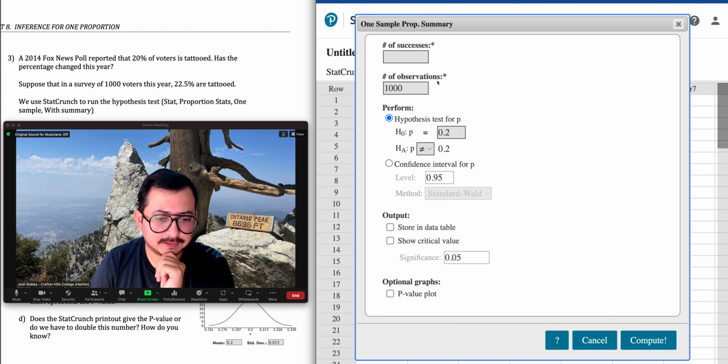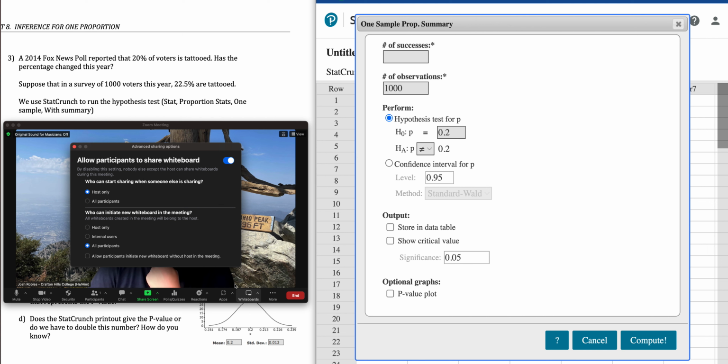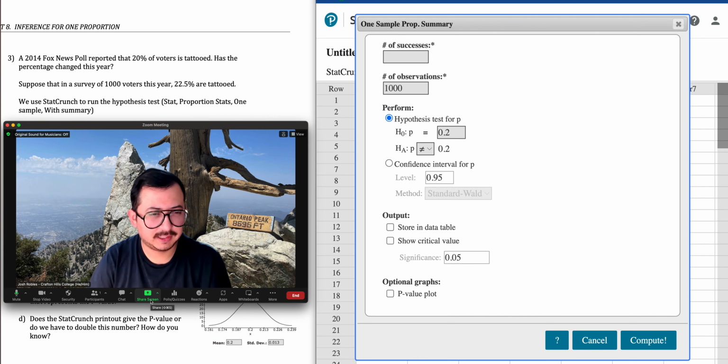So it doesn't want the actual value of the percentage. And so to get that, let me see if I can draw a little bit on here. I'm just going to tell you, it's a very short calculation.